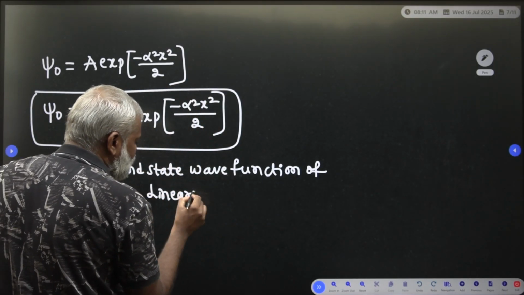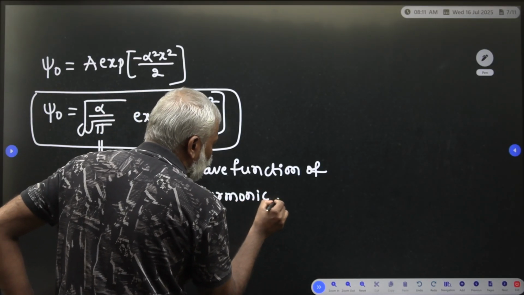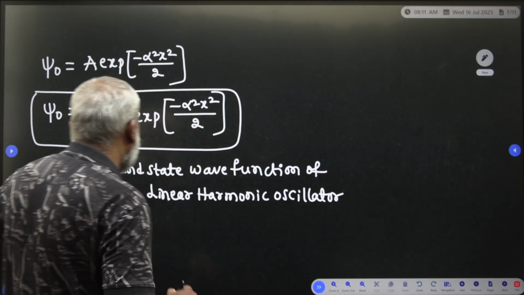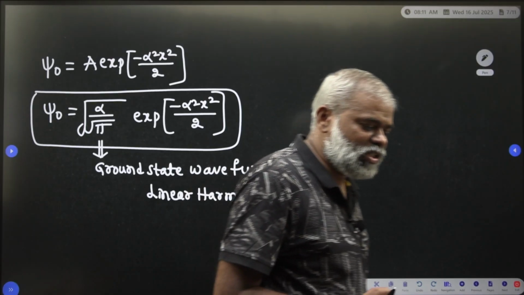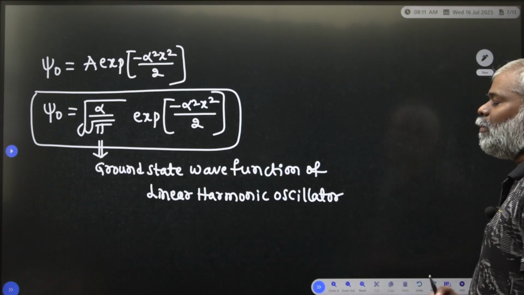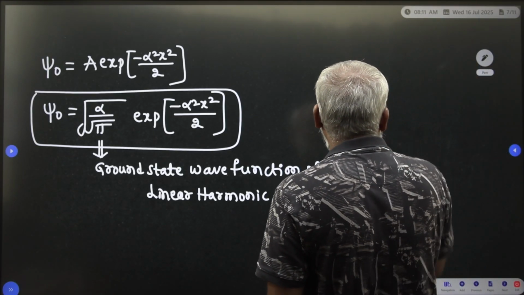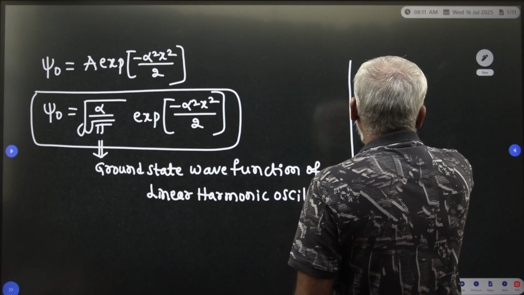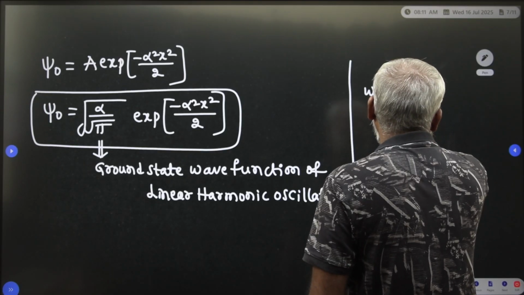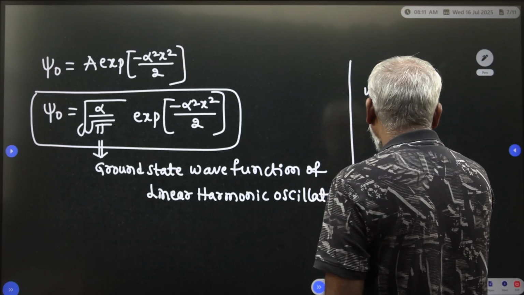This wave function is the ground state wave function of a linear harmonic oscillator. The linear harmonic oscillator ground state wave function psi 0 is equal to the square root of alpha by root 5 exponential of minus alpha square x square divided by 2, where alpha is equal to, what is your alpha?